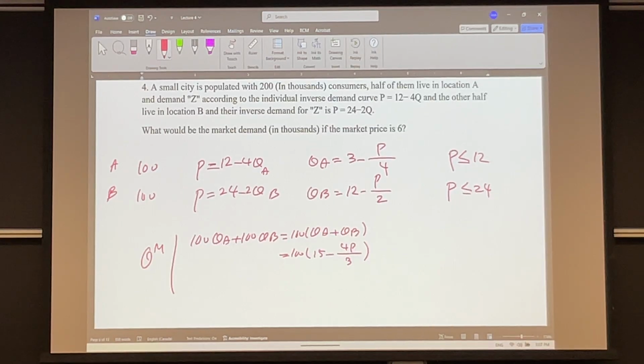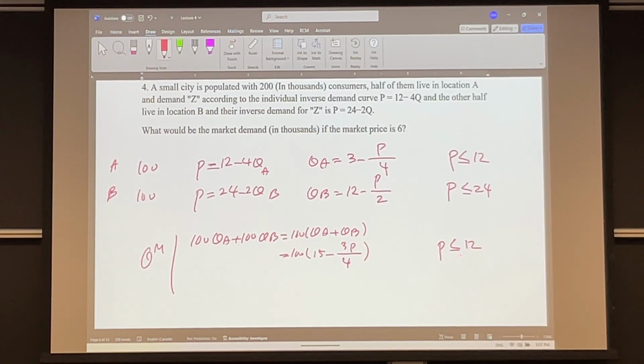That is when the price is low enough for all to be in the market.